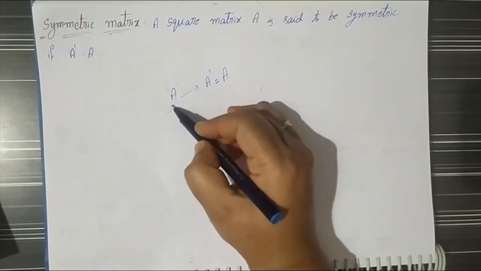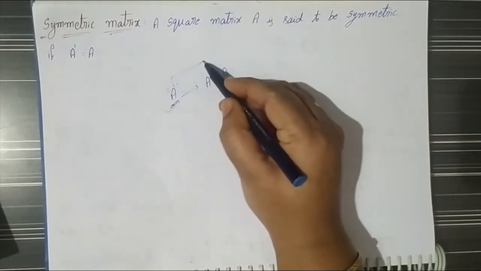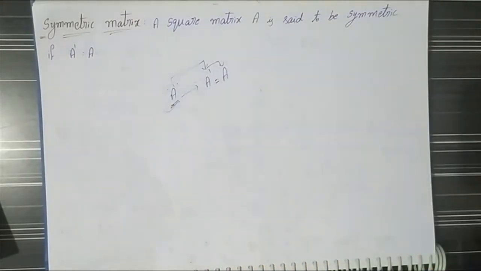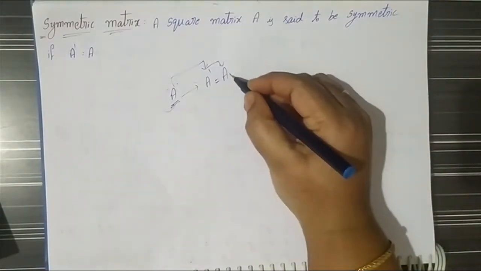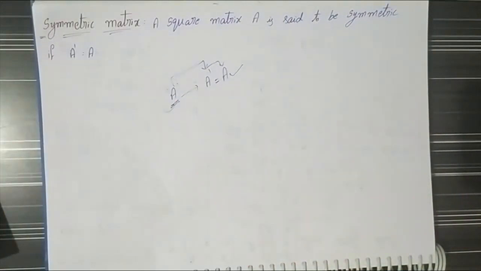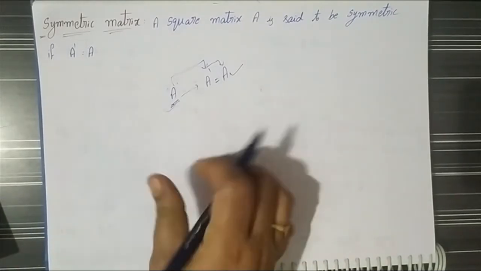If A is symmetric, then transpose of A is equal to A. Then A is called a symmetric matrix.